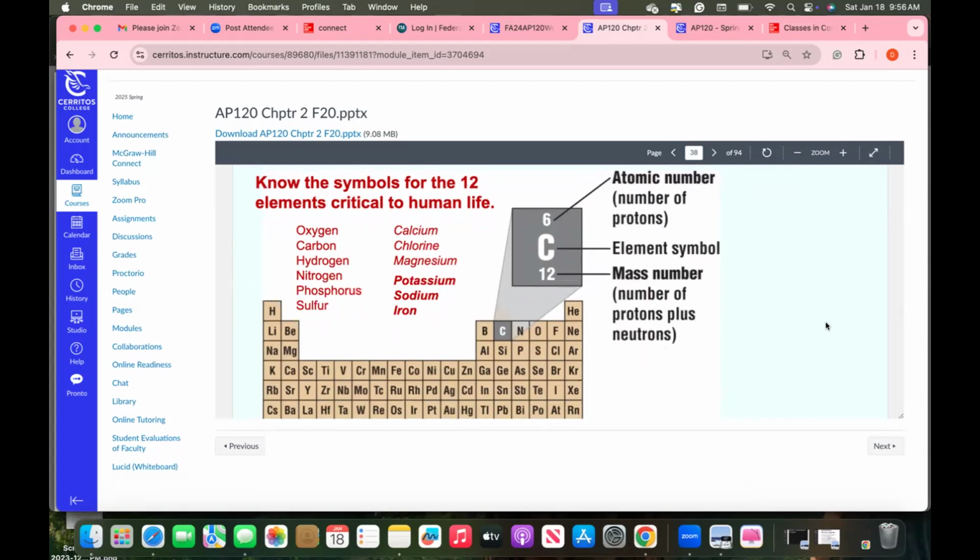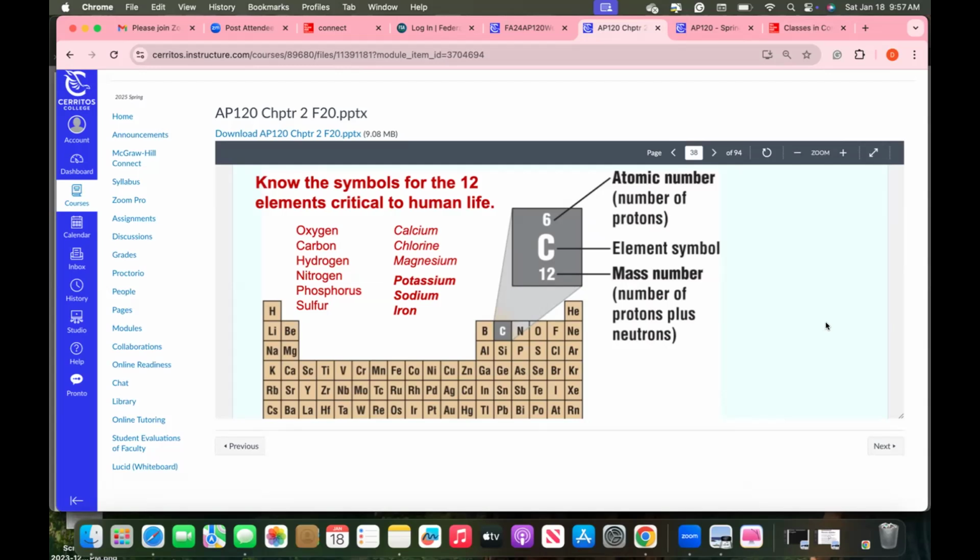Nitrogen is next to carbon. So carbon, nitrogen, oxygen are all right together. Phosphorus is below that in the next row, below nitrogen. That's phosphorus. Sulfur is next to that.